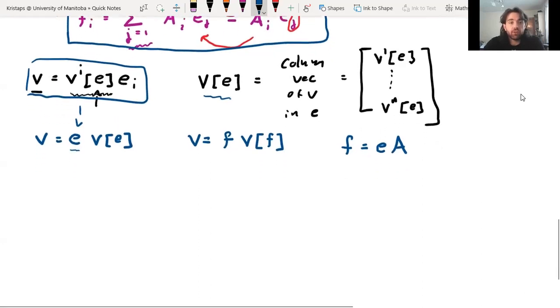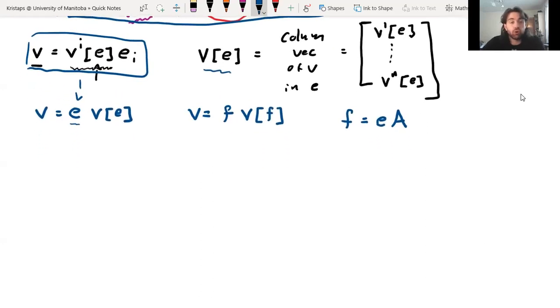And this is going to give us a transformation rule, the so-called contravariant transformation rule, which I will explain the notation of in this video.